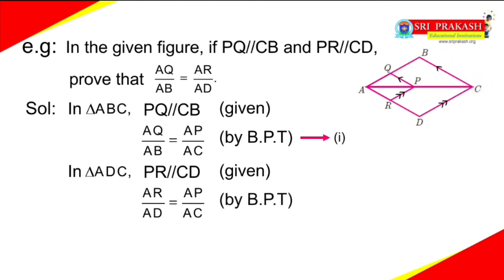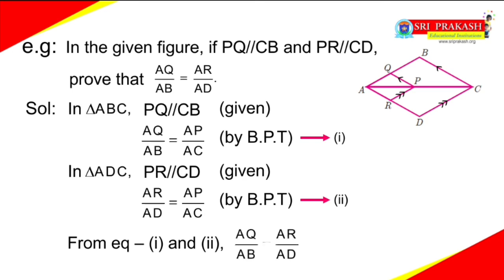Now, let us consider it as equation 2. Now, by comparing these two equations, we get AQ by AB is equal to AR by AD. Since the RHS of these two equations are equal, hence it is proved.